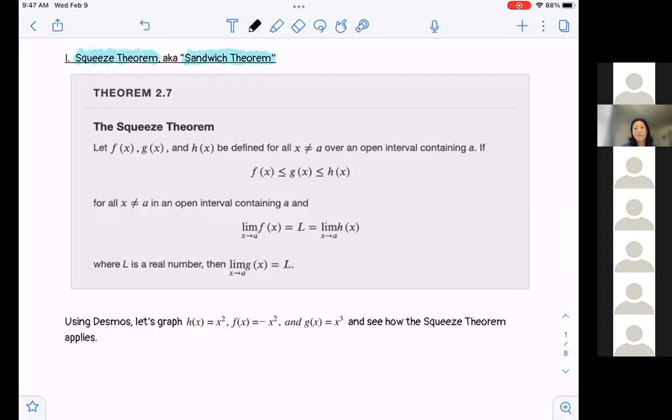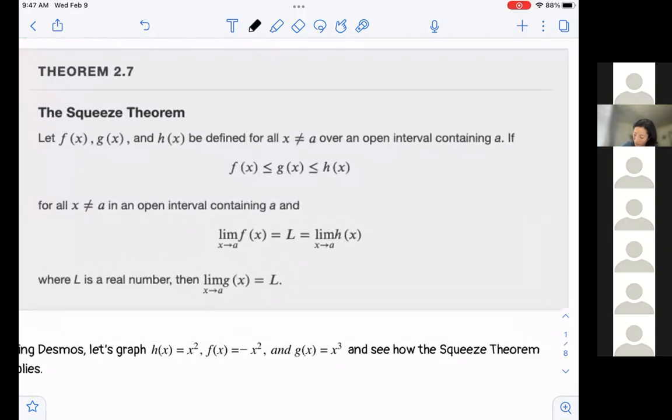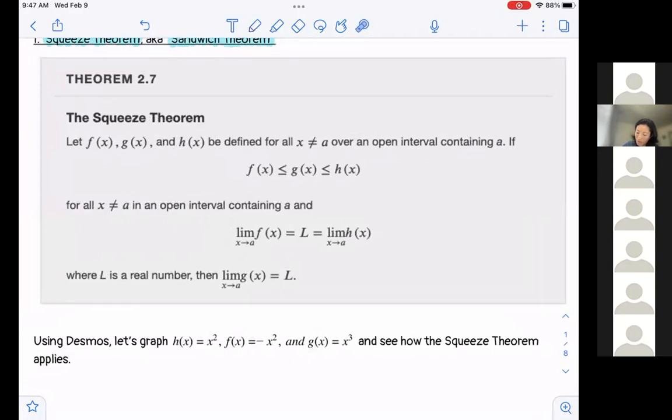But I want us to actually look at the theorem first before we give some fun analogies to it. Okay, so let's take a look at this and read through. Theorem 2.7, this is from your textbook, is called the squeeze theorem. It says, let f of x, g of x, and h of x be defined for all x not equal to a over an open interval containing a.